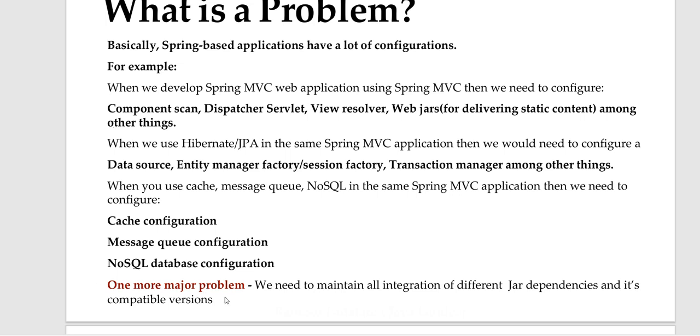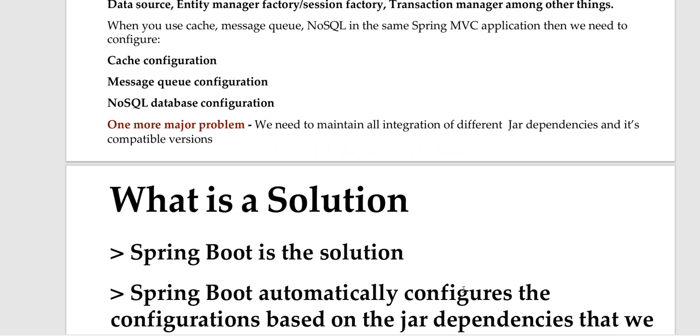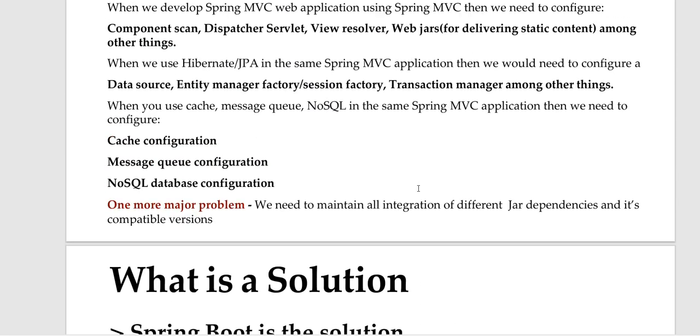One more major problem: we need to maintain all the integration of different jar dependencies and their compatible versions. So what is the solution? Spring Boot is the solution for this. Spring Boot automatically configures the configurations based on the jar dependencies that we add to our project.